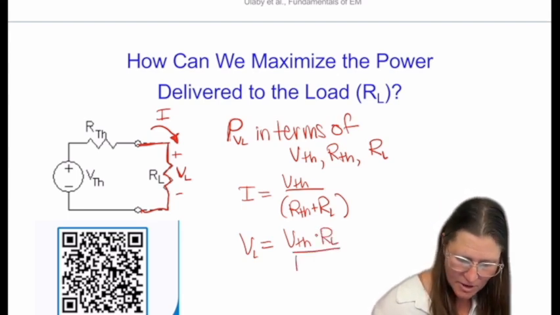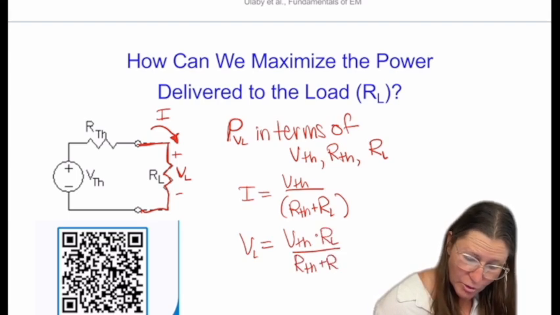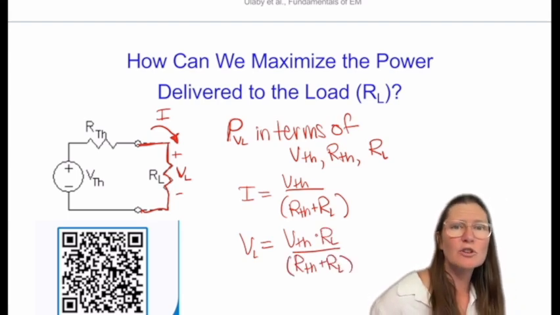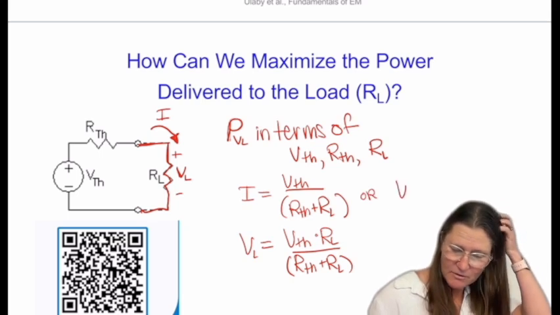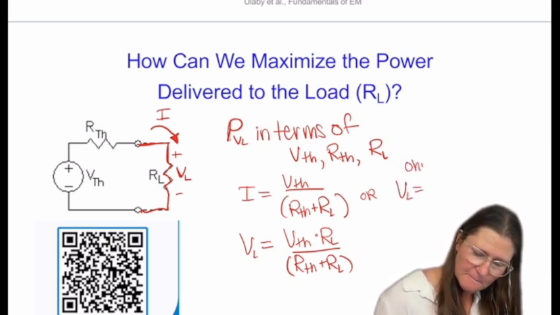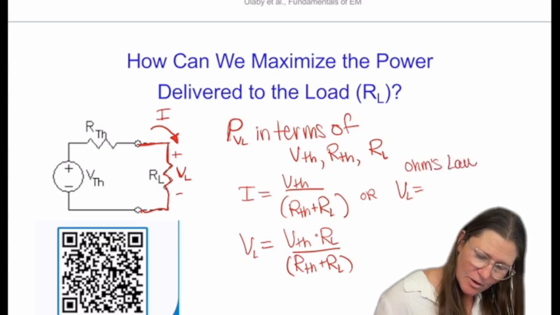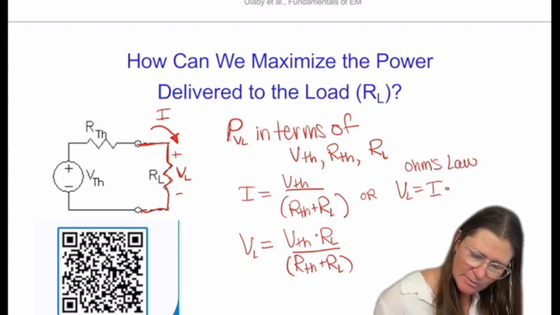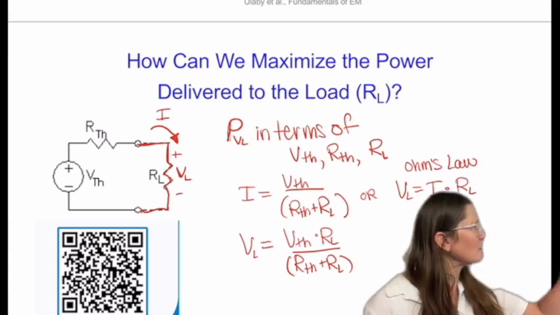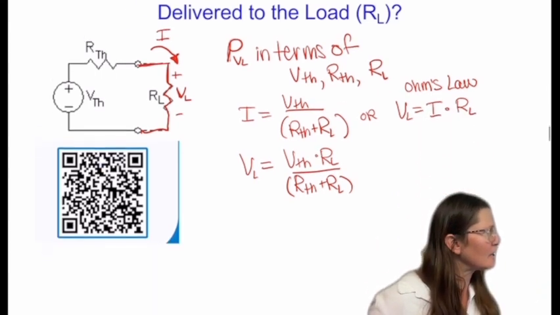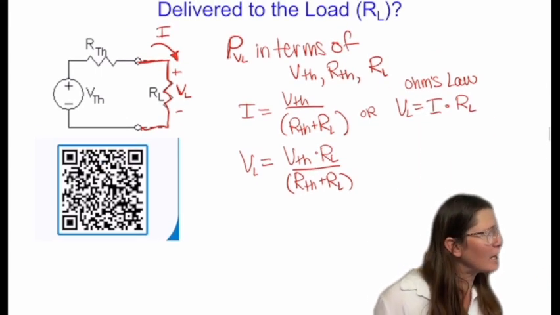Correct. You could note that it's a voltage divider, so you could find it that way, or you could use Ohm's law. VL using Ohm's law is I times RL. You note that the VL equation is the same whether I take the voltage divider or that.